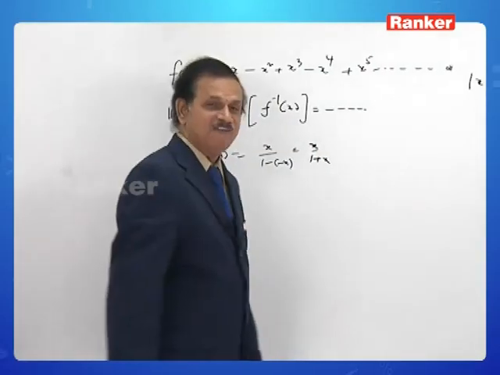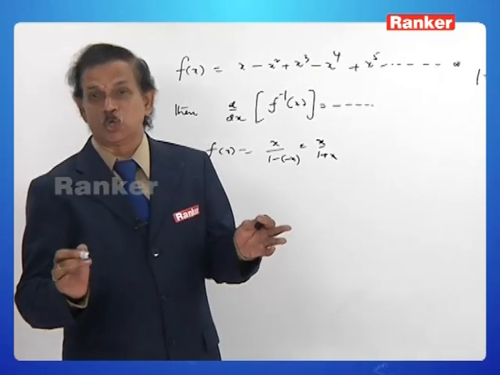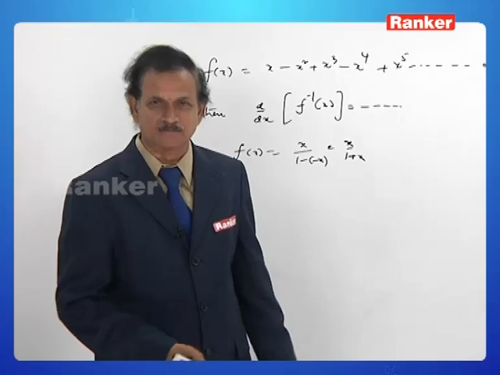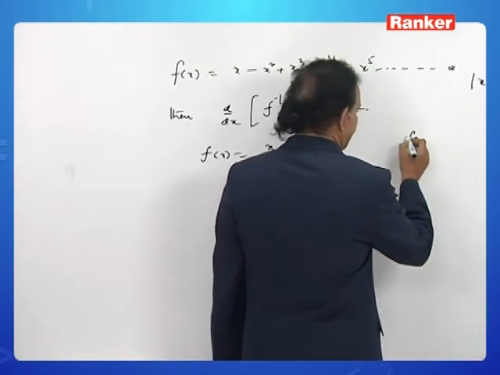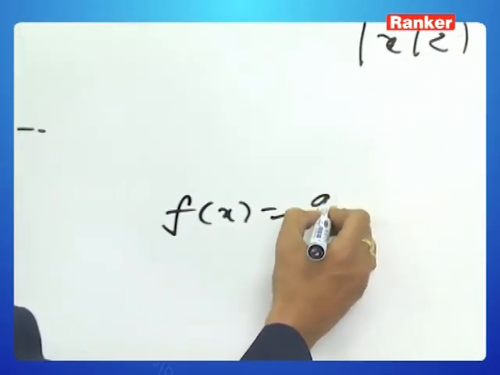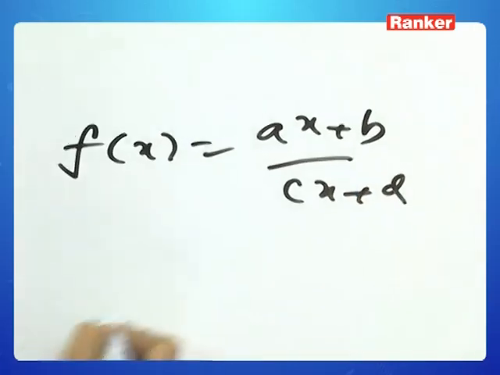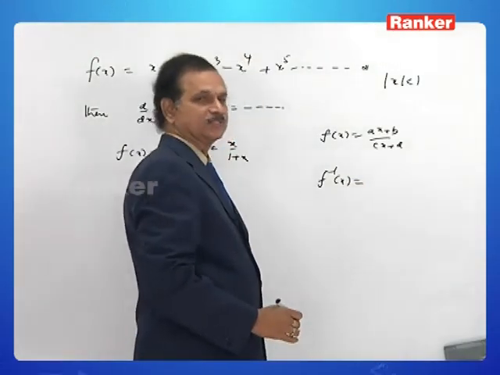Well, my dear, at this juncture, you must be knowing the style of getting f inverse of x directly. What is that style? Look here. If f of x is equal to ax plus b by cx plus d, then f inverse of x is, of course, this formula is valid.